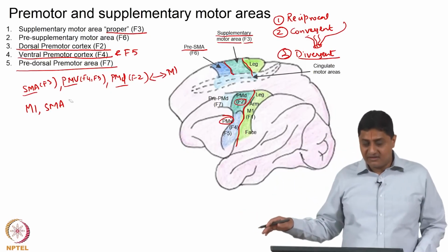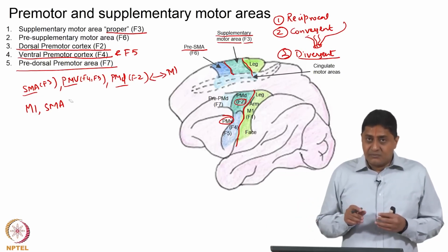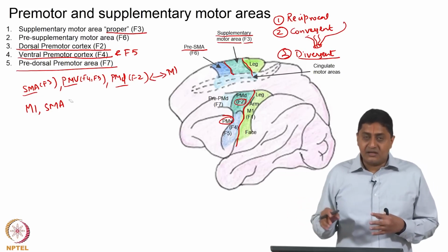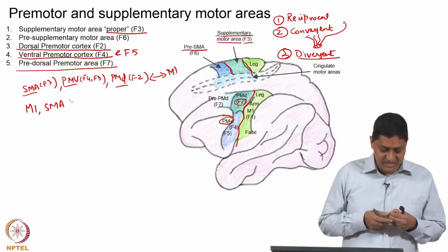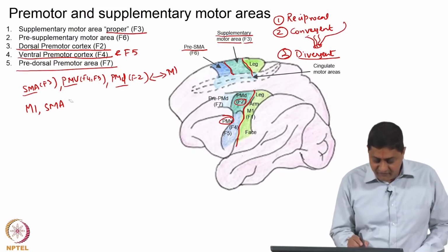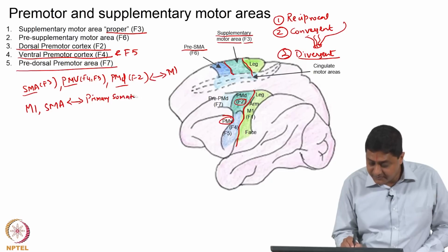More discussion on that will follow in future classes. So, some of these neurons project directly to the spinal cord and cause movements. These areas receive somatotopically organized inputs from the primary somatosensory cortex.